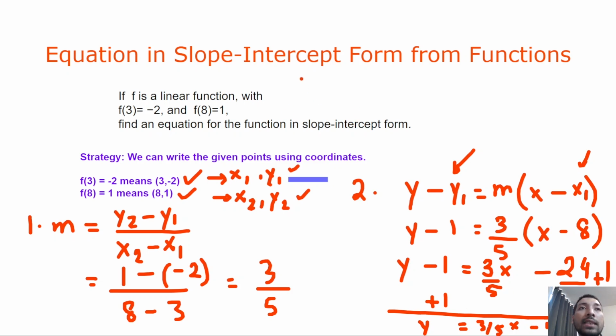So our equation for this line is y equals 3/5x minus 19/6. This is how we find the equation in slope-intercept form from the function.